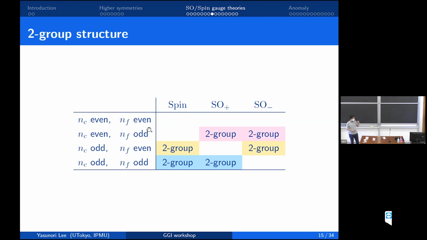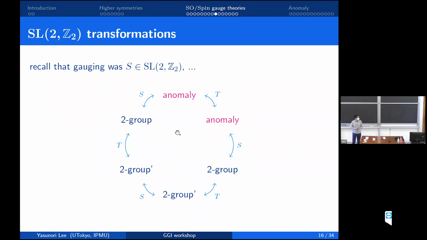But actually, there's something non-trivial also going on for spin QCD in this case. Now recall what I said at the end of the first section. There was a relation between theory with two-group symmetry and theory with mixed 't Hooft anomaly between zero-form and one-form symmetries.